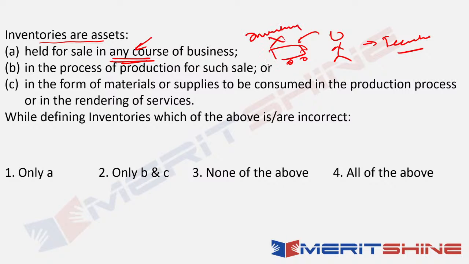No, this is not in the ordinary course of business. That is the word which is used in defining it. What does that mean? The normal course of business which you are doing, not any course of business. I happen to sell my car, which at that time was not my inventory but my fixed asset, right?